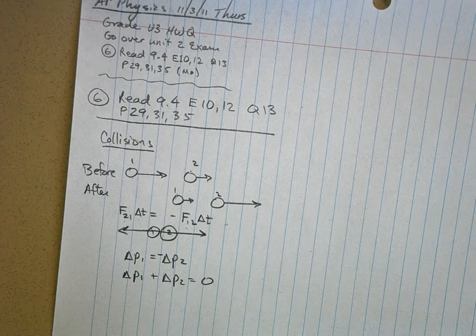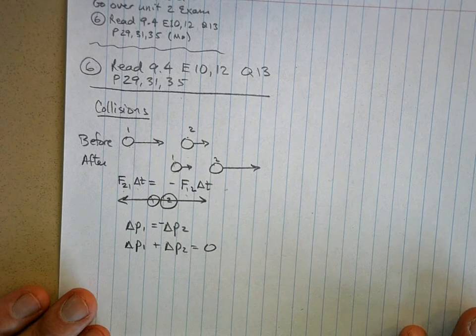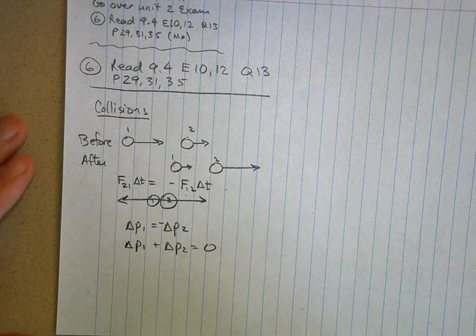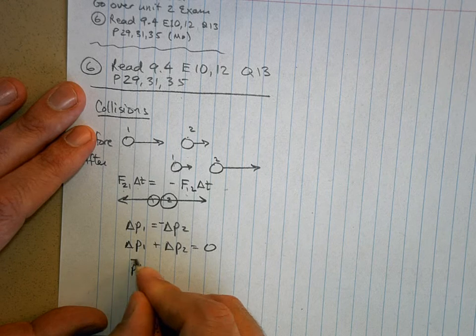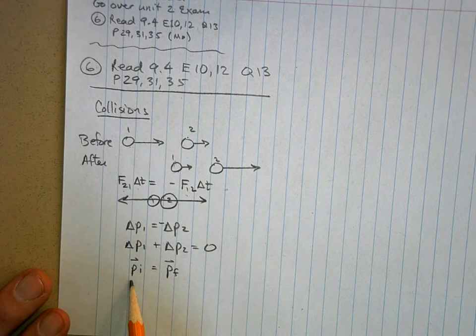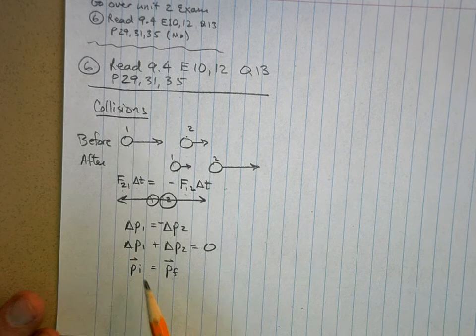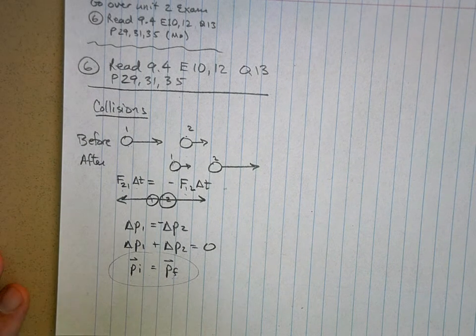And what that means is that when you look at the overall system, there is no net change in momentum of the system. In other words, P initial equals P final. This is the sum total momentum in our system before the collision equal to the sum total momentum after the collision. And this is how we solve problems.